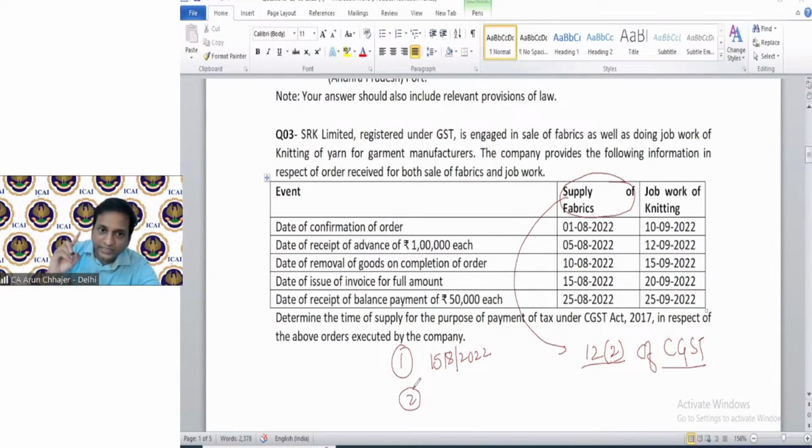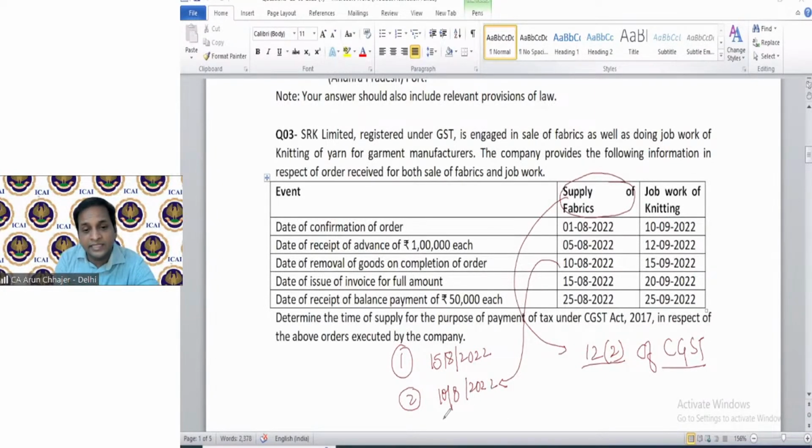And if I go to section 31, which talks about the case where there is a movement involved, then date of removal would be the last date to issue the tax invoice, correct? So the last date to issue the tax invoice is 10th of August.